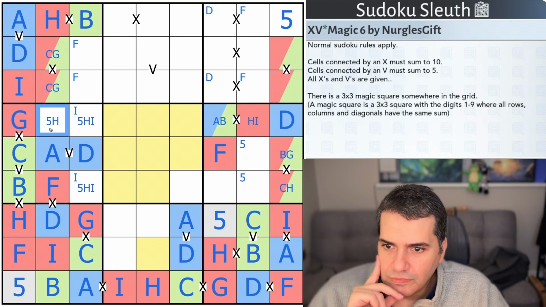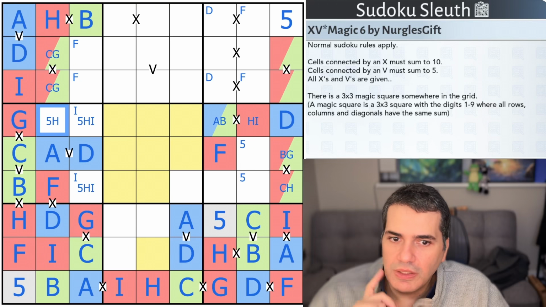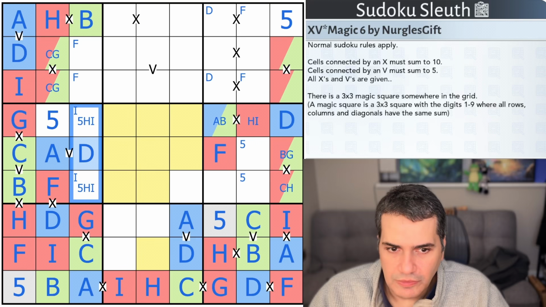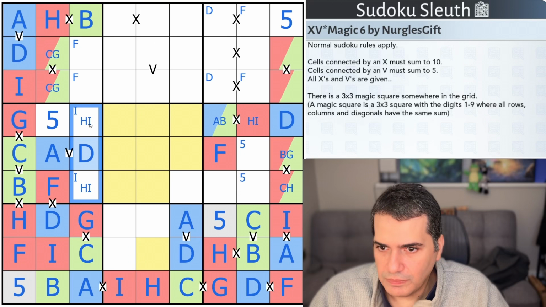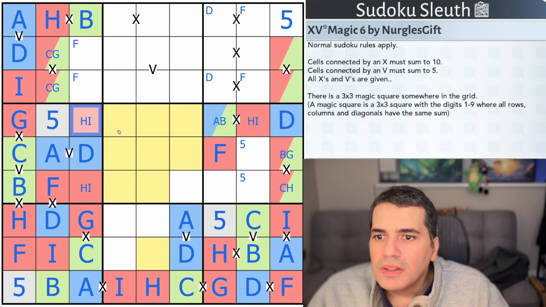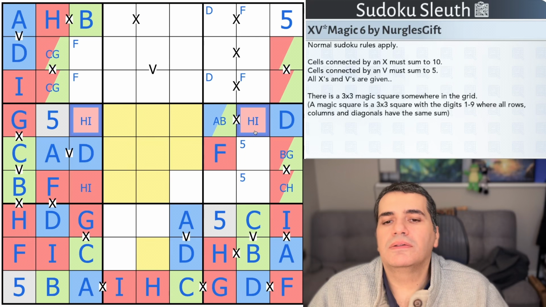I feel like I've determined some of these, haven't I? Yeah, H means this is 5. These are not 5s. Is the negative constraint helping? H and I? Nope. Don't need the corner pencil marks. This is grey. H and I pair.